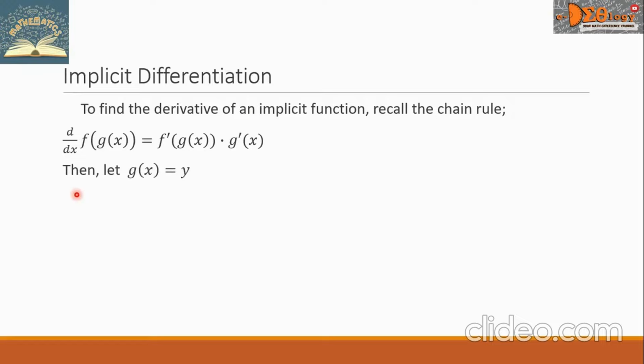This time, we're going to let g of x equal y. So we have d over dx of f of y is equal to f prime of y times dy over dx.